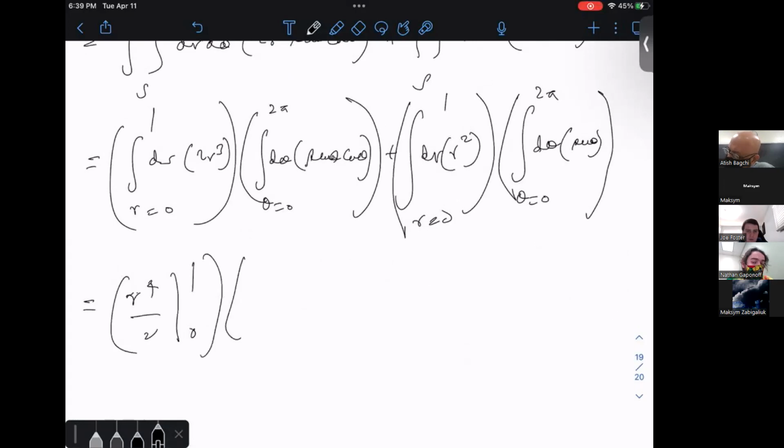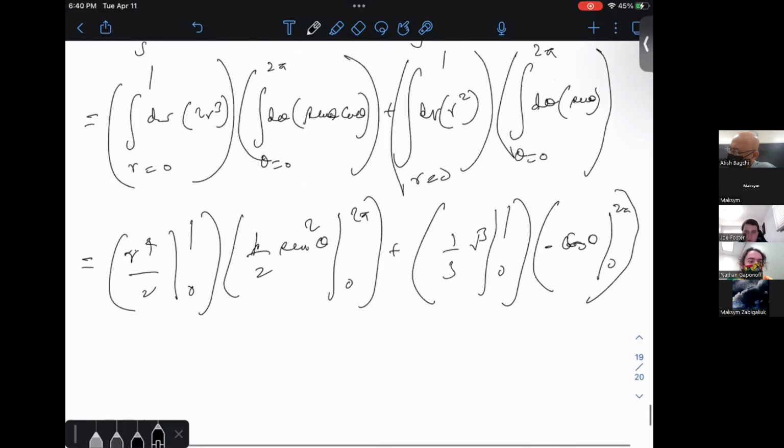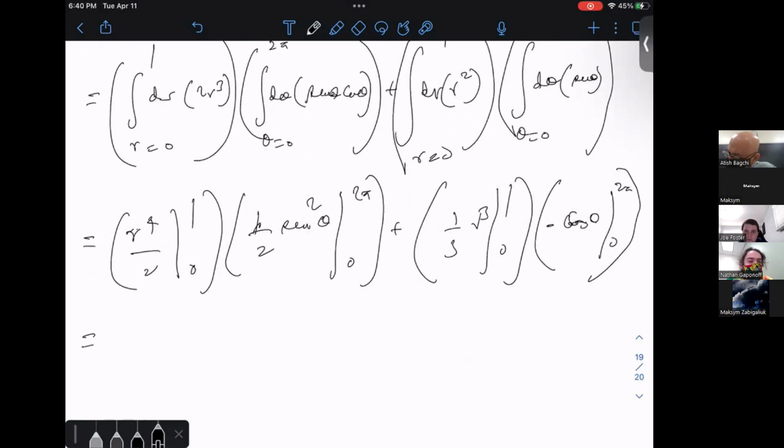This is half sine squared theta, because cosine theta is d of sine theta, between 2 pi and 0. Plus 1/3 r cubed between 1 and 0, and this is minus cosine theta between 2 pi and 0, right?